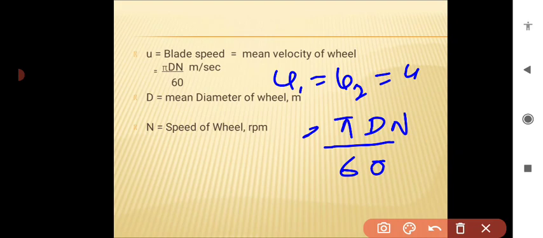These are the blade velocities at inlet and exit; when the blade velocity for inlet and exit is equal, U is equal to pi D N by 60 meter per second.